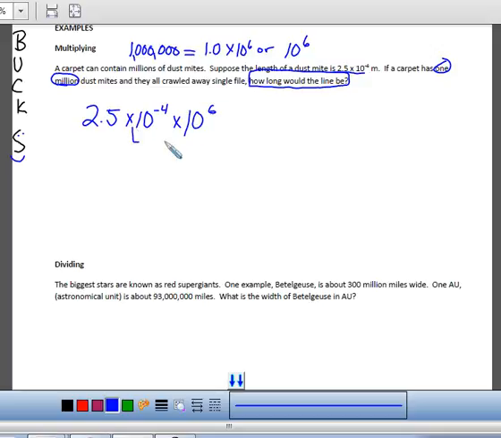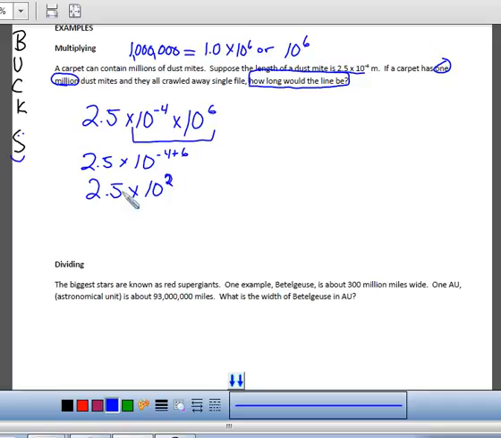Now, I can combine these because they are exponential terms with the same base. So I really have 2.5 times 10 to the negative 4 plus 6. Negative 4 plus 6 is 2.5 times 10 squared.